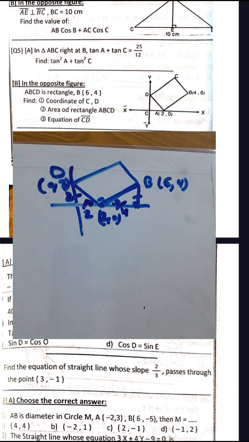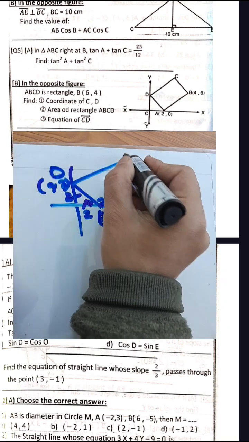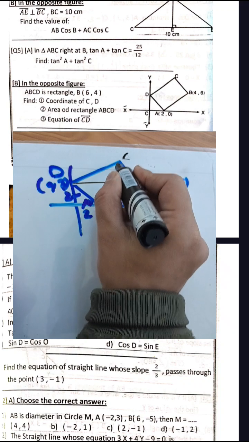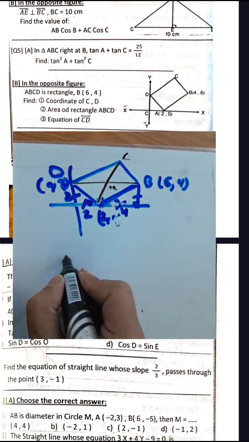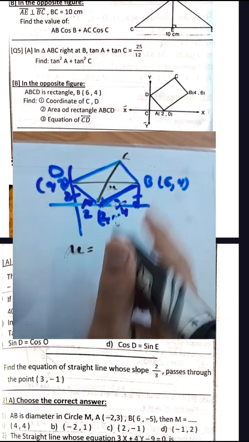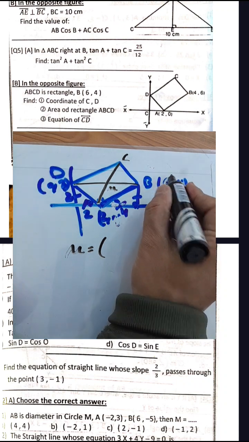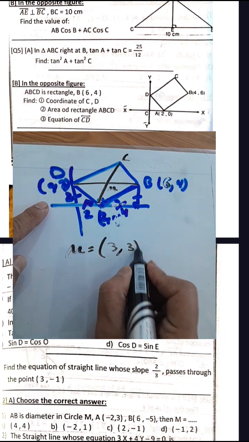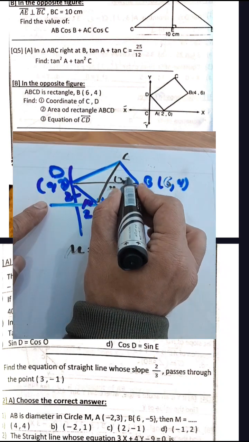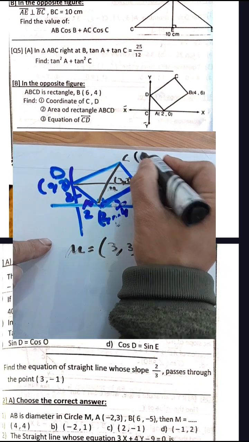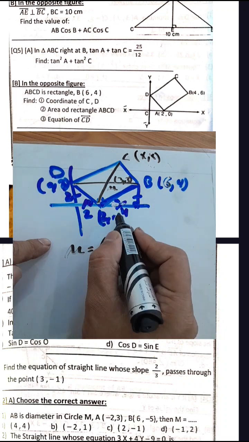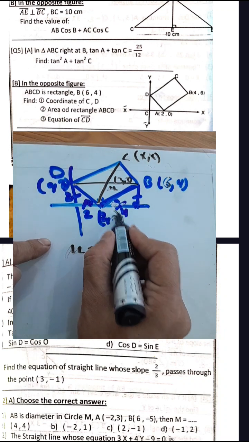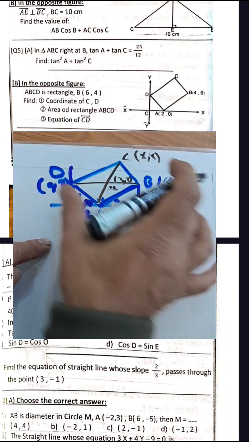And the next step, you can find the order of point C by finding the middle point here, M, which lies between B and D. You can add 6 plus 0 divided by 2 equals 3, and 4 plus 2, 6 divided by 2 equals 3. Then the point here is 3 and 3. And the point C, it will be X and Y, here lies between 2 and 0, and this point and this point.